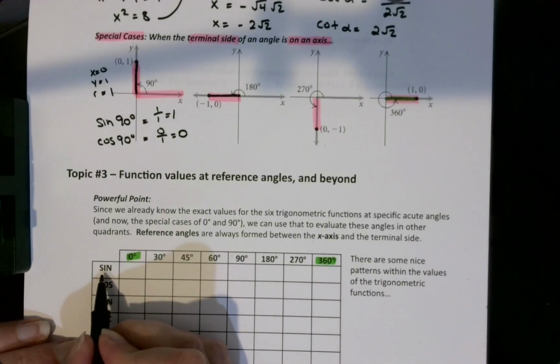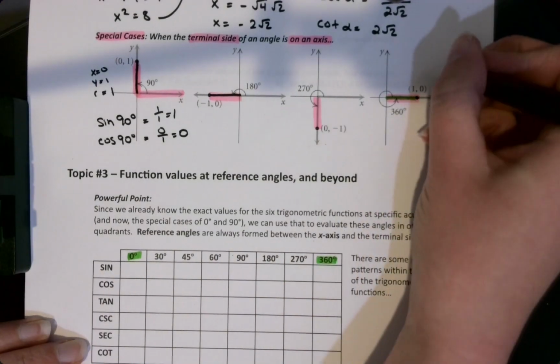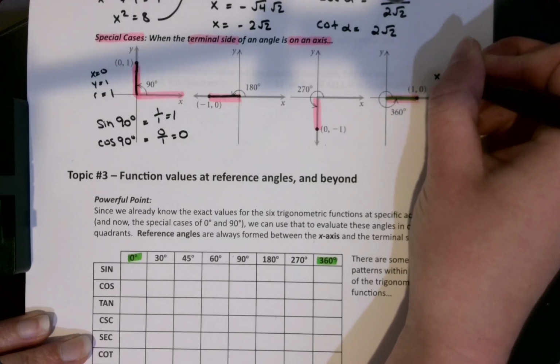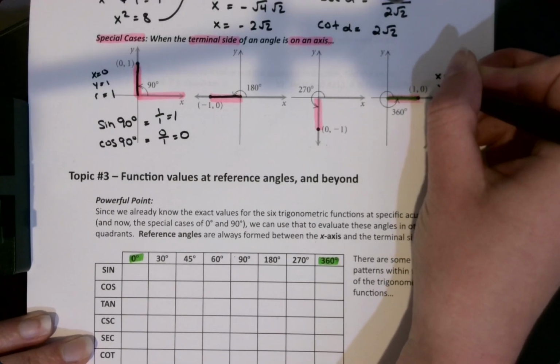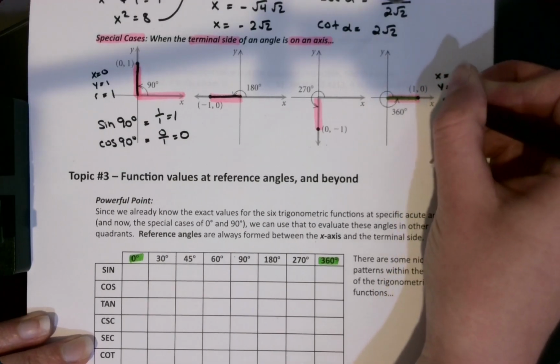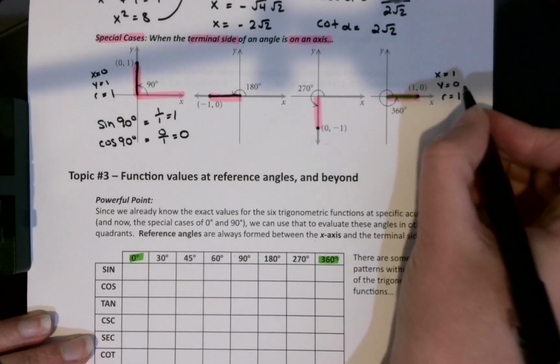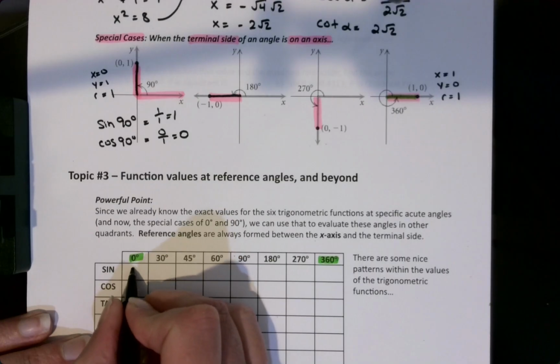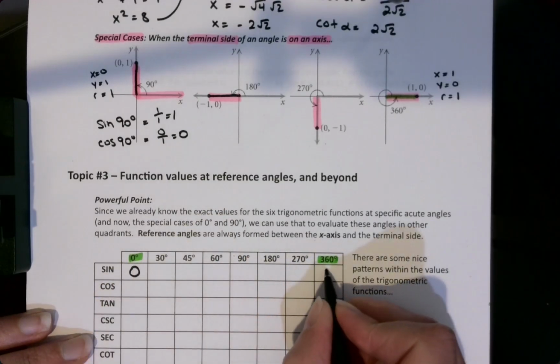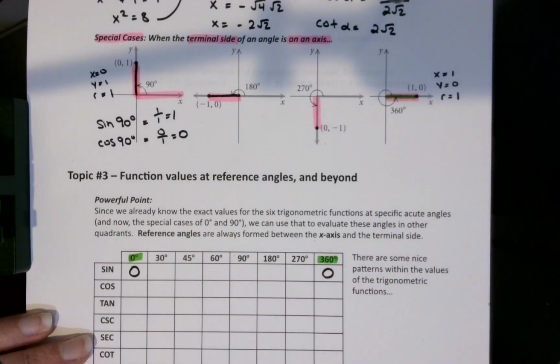As such, the sine of 0, remember here that the x coordinate is 1, the y coordinate is 0, and the r value is 1. So sine being y over r, 0 over 1 is going to be 0. So the sine of both 0 and 360 is going to be 0.